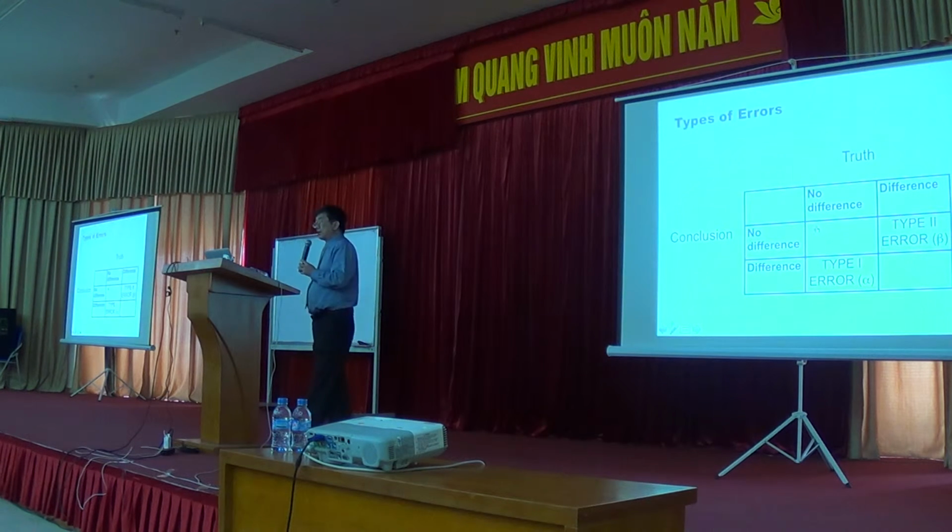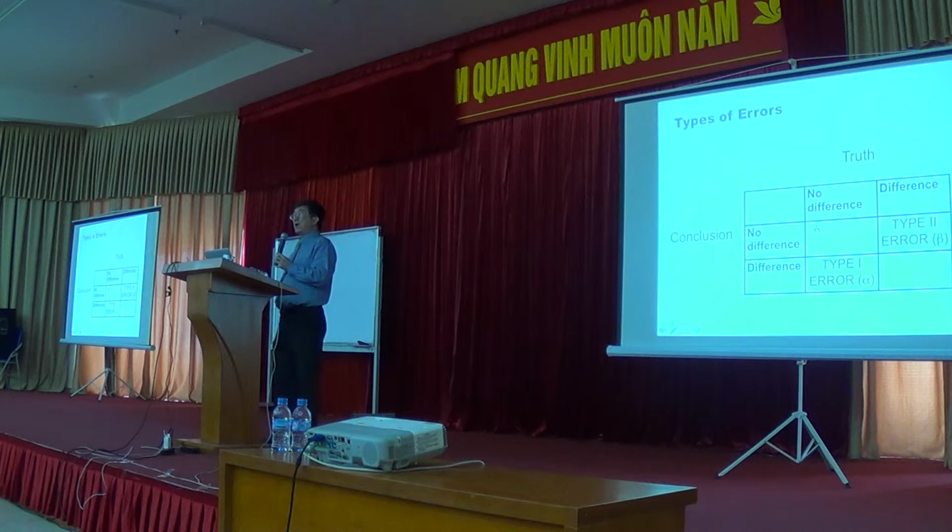So this is based on the kind of errors in statistics. If the truth, here we have the truth, okay, whether it is truly no difference or truly there is a difference. Okay. And the conclusion from the test that we have performed.